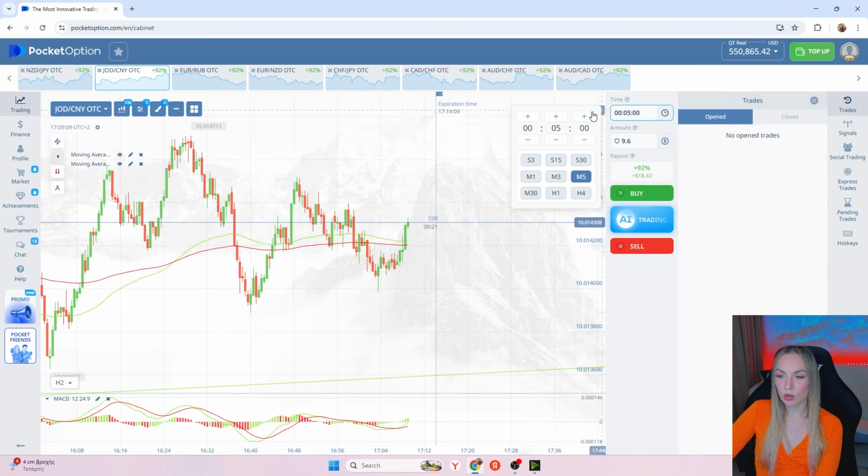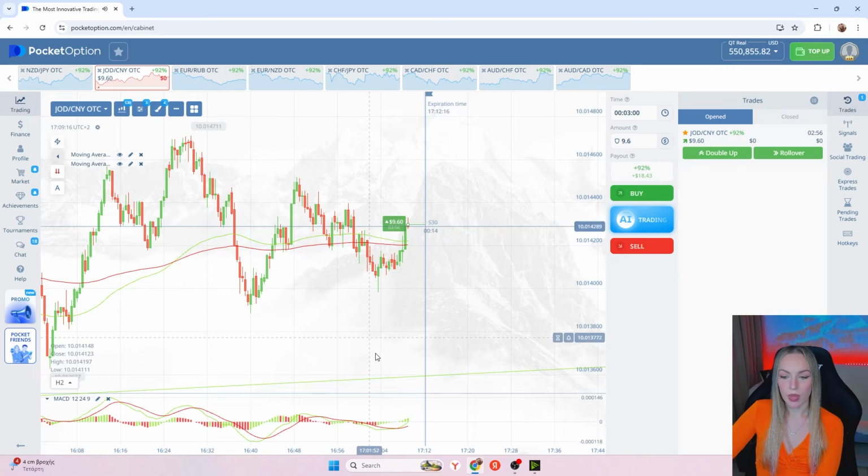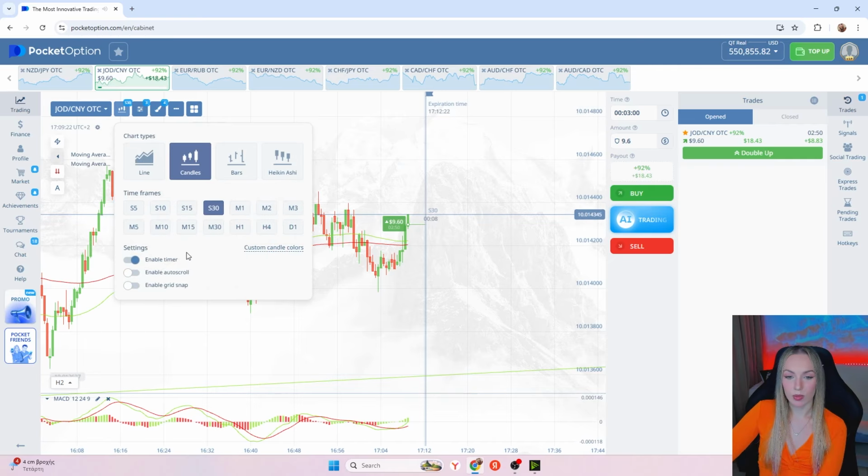JODCNY formed the signal to open the trade in the upward direction. I would enter here for 3 minutes in the upward direction. As usual, MACD crossed in the oversold zone. For me, that's the signal to open the trade in the upward direction.